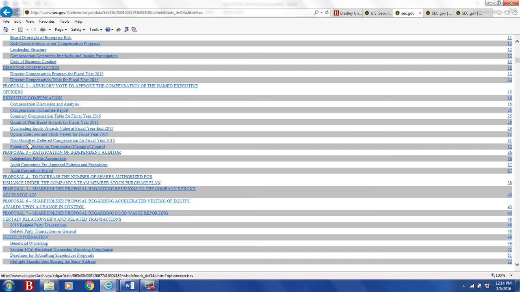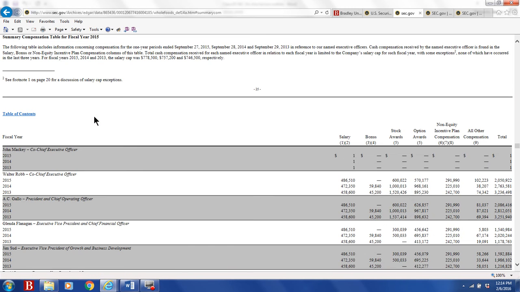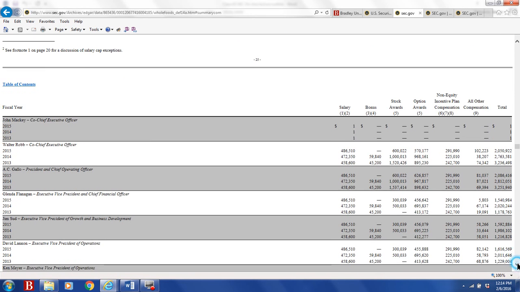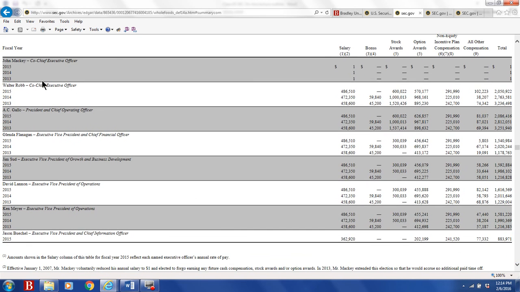The second thing that's in the proxy statement is executive compensation, and there's a variety of different types of discussion about executive compensation. I'm going to go to the summary compensation table for 2015. And so one thing you'll notice is a person who's listed as co-CEO has voluntarily given up most of his salary.